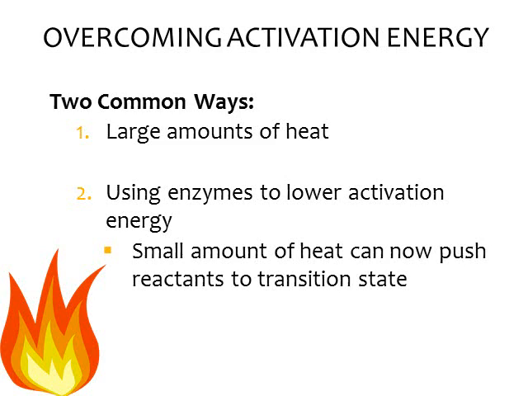So we can add a really small amount of heat, and that will get those reactants to the transition state so that we can start our reaction. We're going to be using this method number 2, using enzymes to lower activation energy so we can get reactions started and going faster.